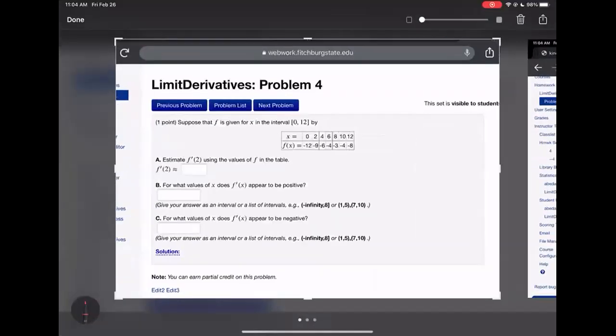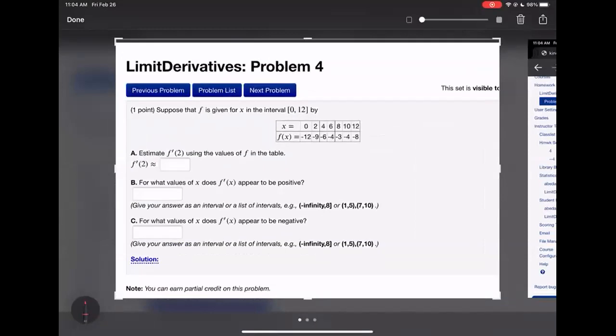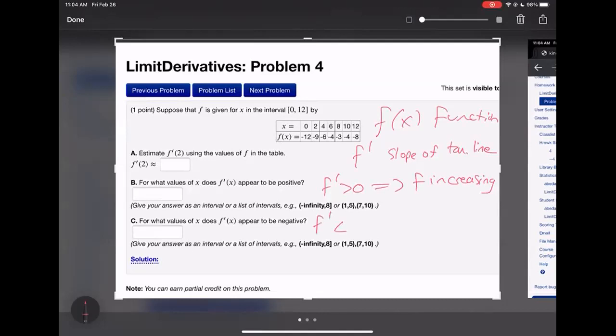So this is getting at the conceptual idea of what a derivative is, right? So we know that if we have a function, the derivative tells us the rate of change, or in this case, let's consider it the slope of the tangent line. And so what we learned was if the derivative is positive, that means the function is increasing. And if the derivative is negative at a specific point, then that means f is decreasing at that point.